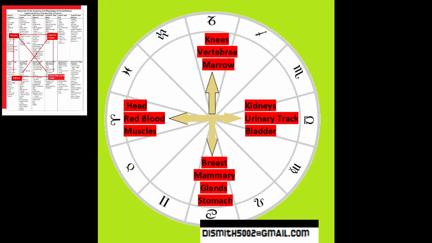The opposite sign, Libra, rules the filtering out process of toxins by way of the kidney. Myoglobin breaks down into substances that can cause kidney failure. This in turn is called rhabdomyolysis.